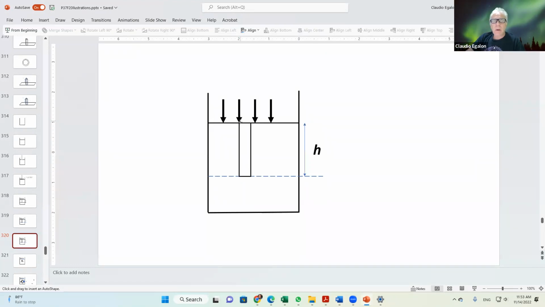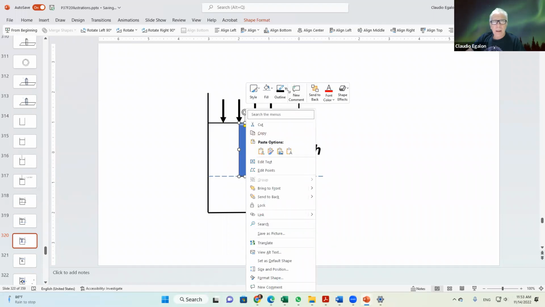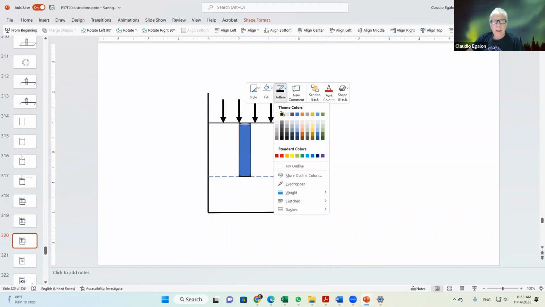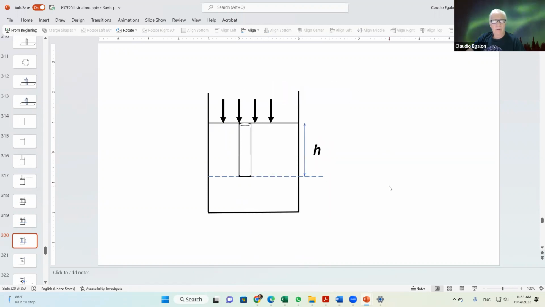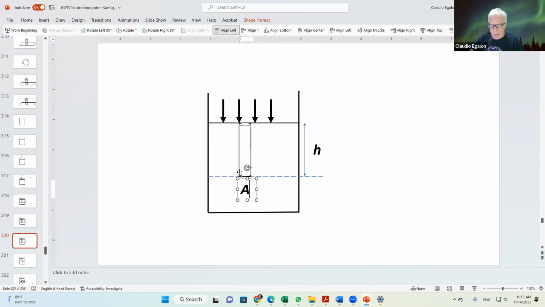Here's my cylinder of water, with cross-sectional area A and height H. Make sense?